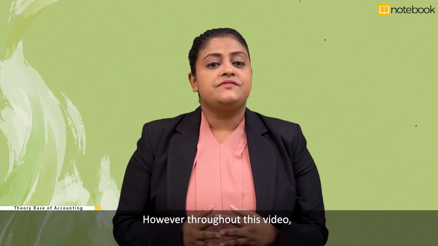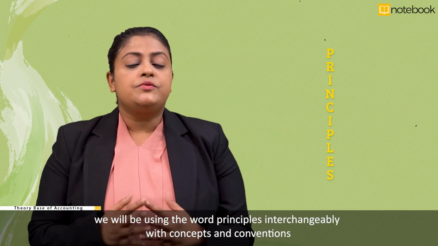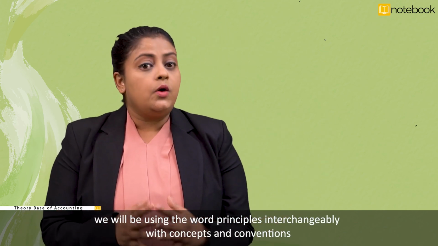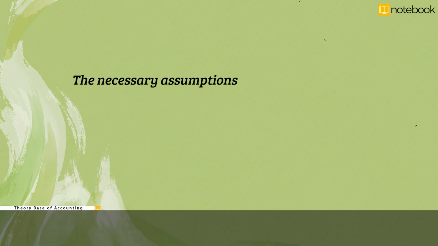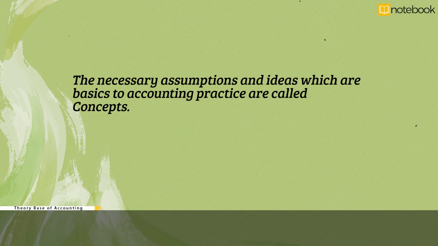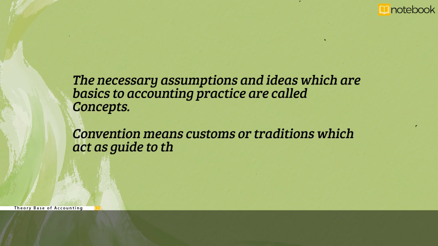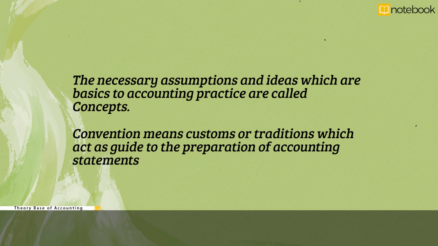However, throughout this video, we will be using the word principles interchangeably with the concepts and conventions. The necessary assumptions and ideas, which are basics to the accounting practice, are called concepts, whereas convention means customs or tradition which act as a guide to the preparation of accounting statements.